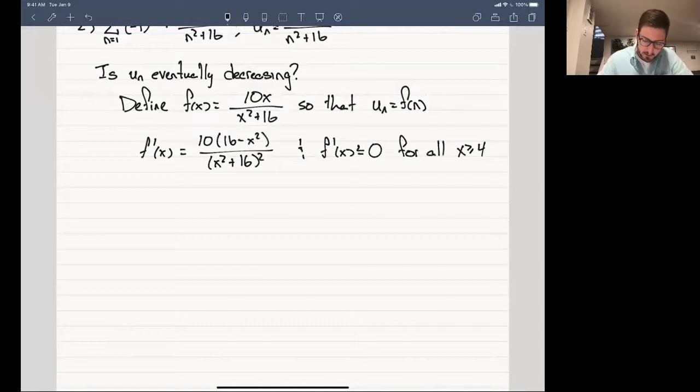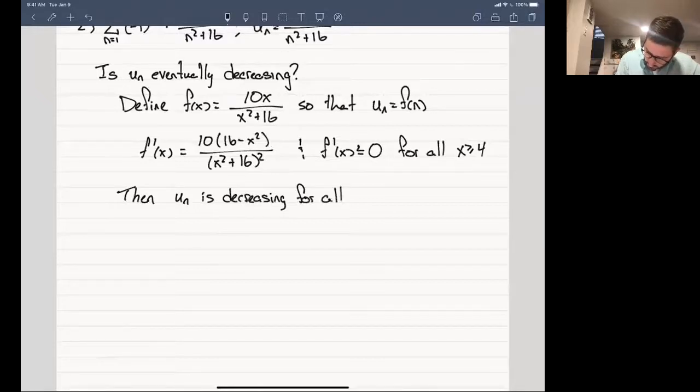That just comes from solving this thing equal to 0. It's really determined by that 16 minus x squared in the numerator. But then u_n is decreasing for all n greater than or equal to 4, right?